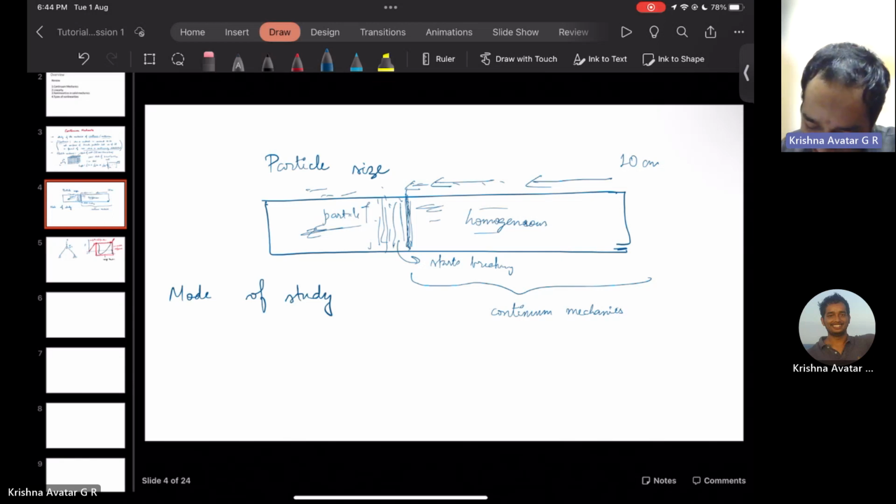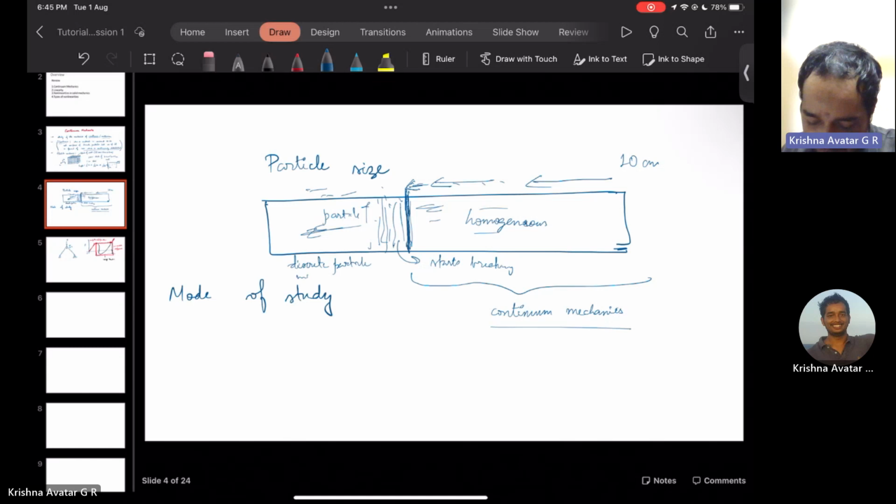Till the blocks are uniformly distributed, that length scale is where the hypothesis of continuum mechanics holds. After that, it all becomes discrete mechanics or discrete particle mechanics, or whatever you call it. There are multiple names for it.